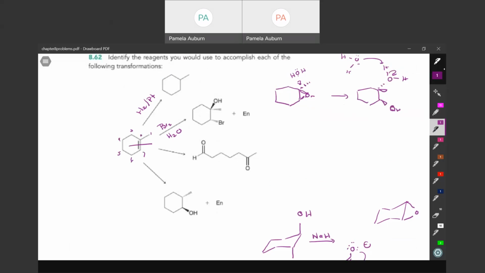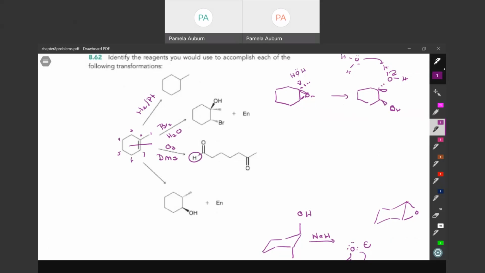And I notice that in the product, I have an aldehyde. So that means I must be doing ozonolysis, but I have to be doing it under reductive conditions. And I know it's under reductive conditions because I have an aldehyde. So we're going to do O3 with dimethyl sulfide, and we're using that reductive workup to make sure that I get the aldehyde.